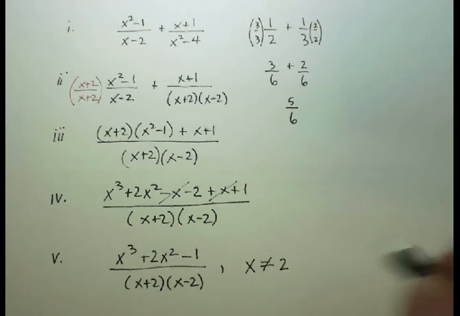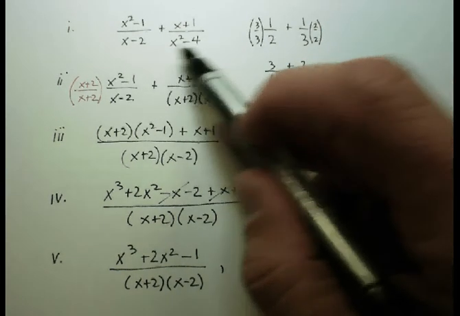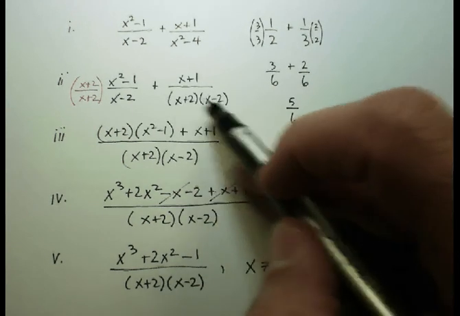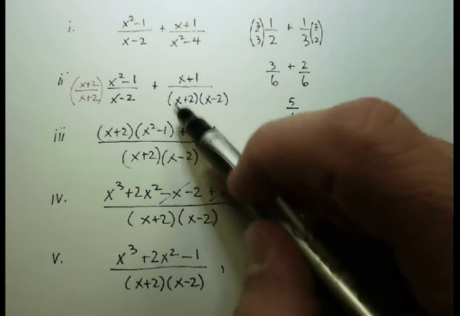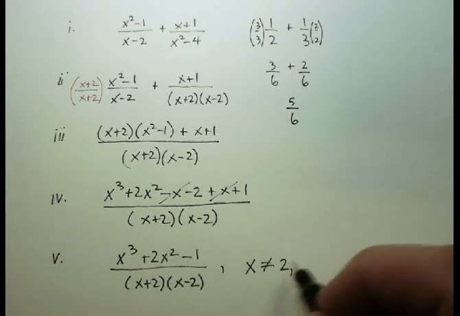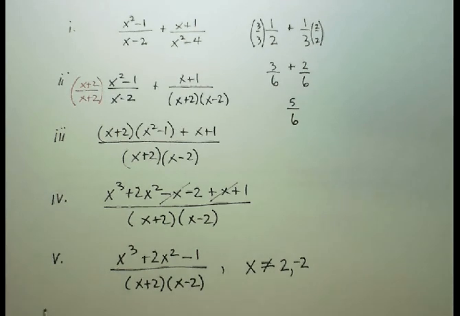When I look at this denominator, factored out, if x is 2 or negative 2, it would also cause the denominator to equal 0. Since I already had the 2, I don't need to rewrite that. So x cannot be 2 or negative 2, and there's my answer.